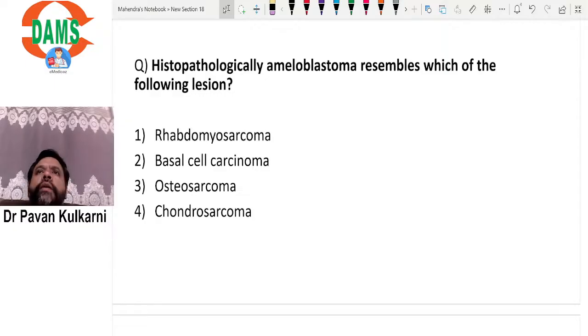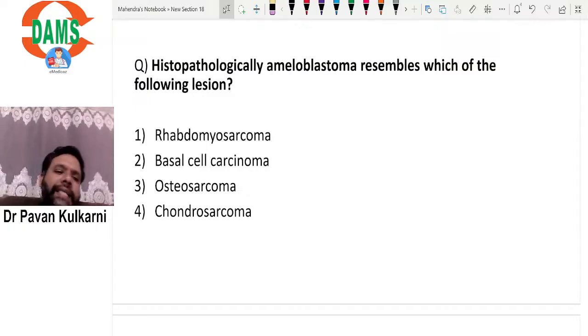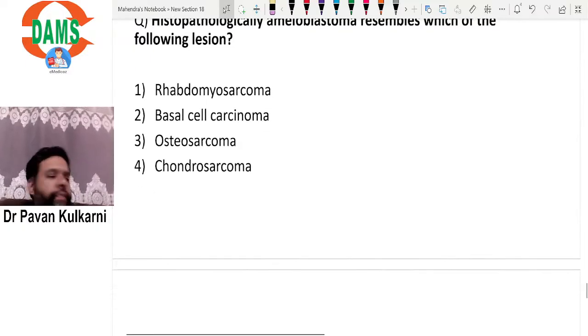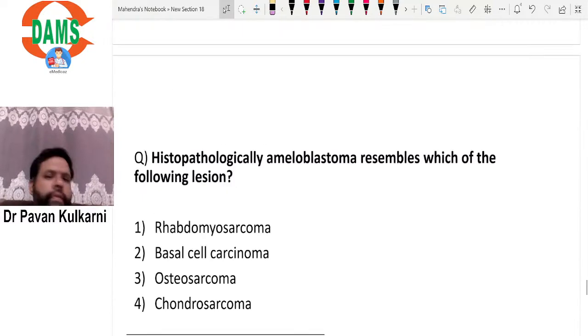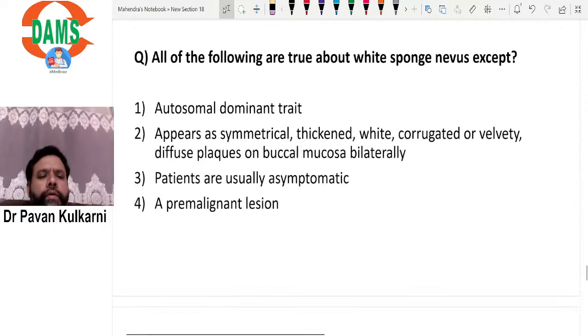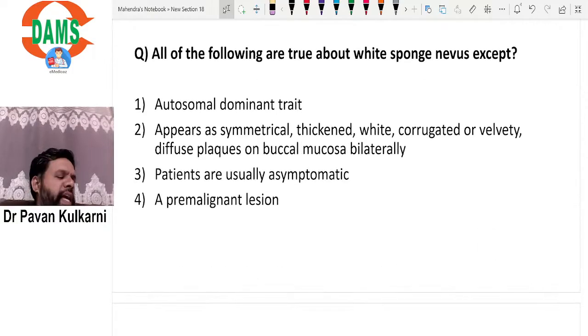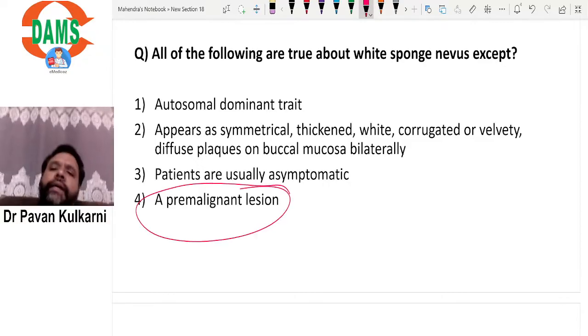So ameloblastoma has the same clinical behavior and histology as basal cell carcinoma. So the correct answer here is basal cell carcinoma. Which of the following is not true? Premalignant lesion is not true. This is not a premalignant lesion.